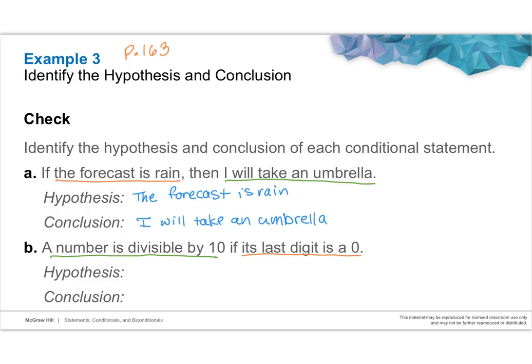So our hypothesis becomes a number's last digit is a 0. And the conclusion is it is divisible by 10.